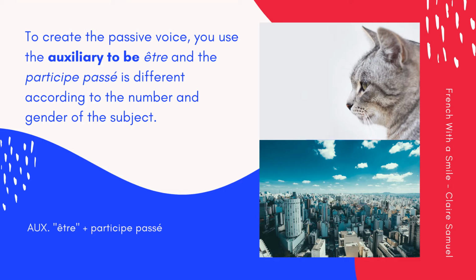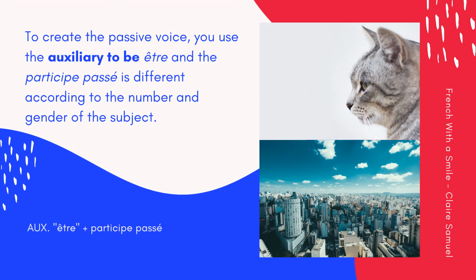And of course, my friend, when you have the auxiliary to be in French, être, you need to have like a bell in your mind. Okay, to be, I need to take into account the gender and the number of the subject for the participe passé.